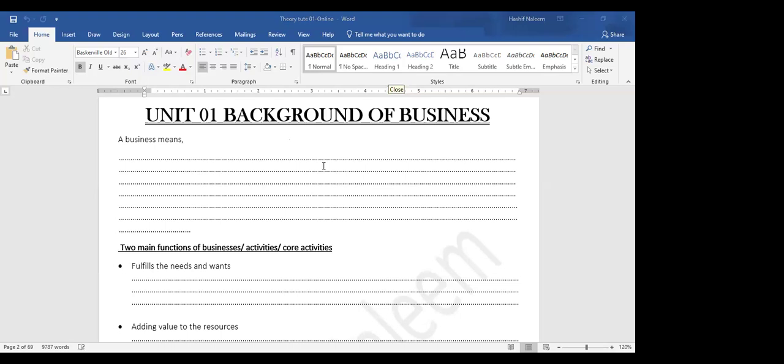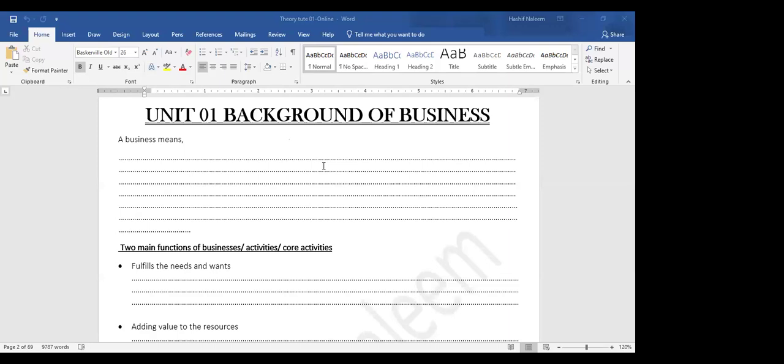Any economic activity which produces goods and services to fulfill human needs and wants is known as a business.